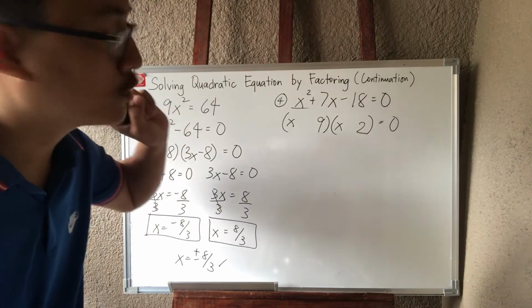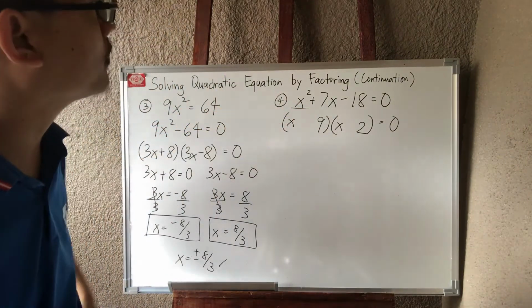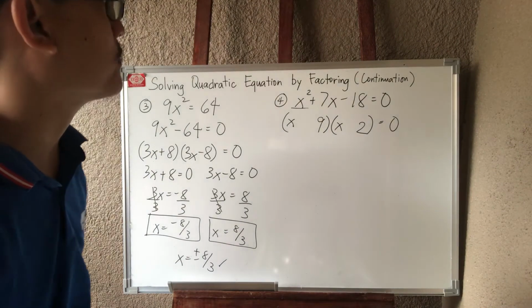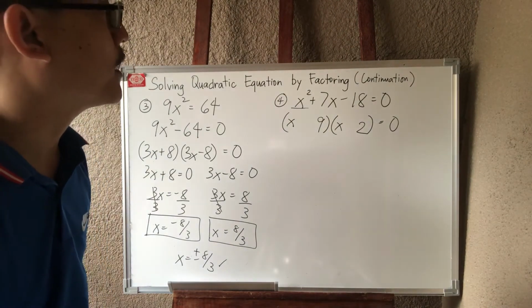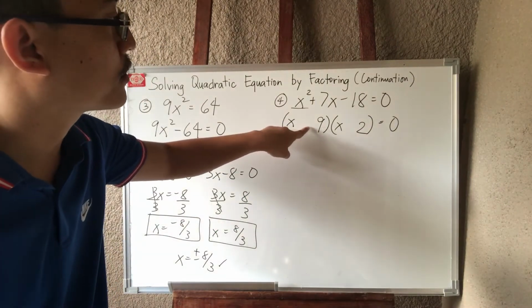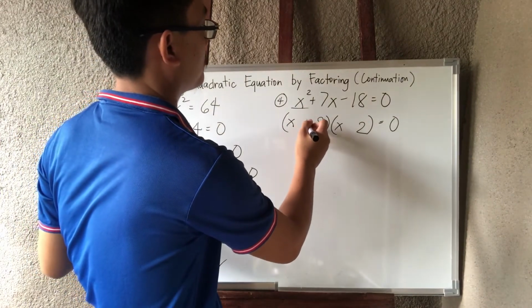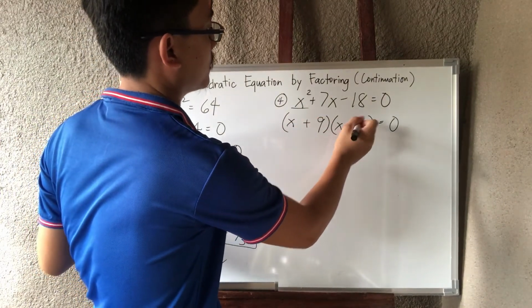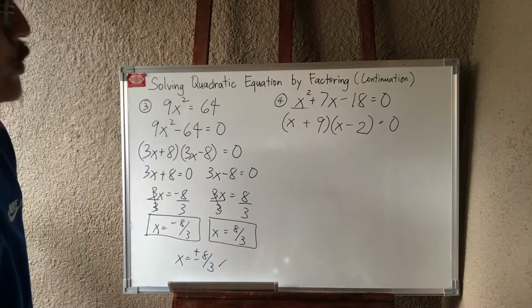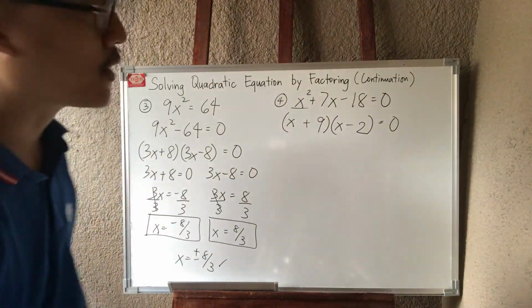Doon naman tayo sa gitna. Since ang middle term o yung gitna natin is positive 7, ibibigay natin yung positive sign sa malaking number. Okay? So, dito natin siya ibibigay. Plus. Automatic, ito, minus. So, ang factors natin is x plus 9 and x minus 2.